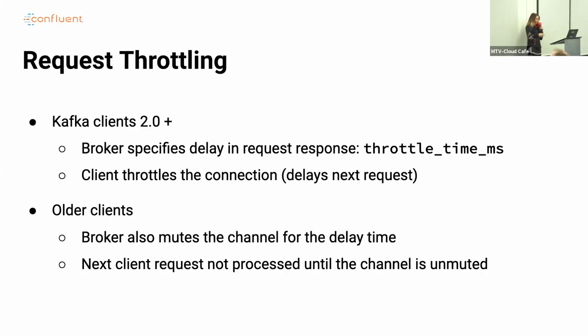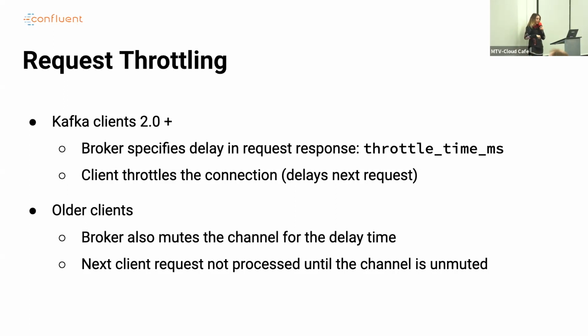It will calculate a delay for the request, but it doesn't delay it. It immediately sends the response, but in the response we have a special field called throttle time MS, which would be filled in with the actual delay. Then when clients get that response, they throttle the connection. They will not send the next request until that delay is up.